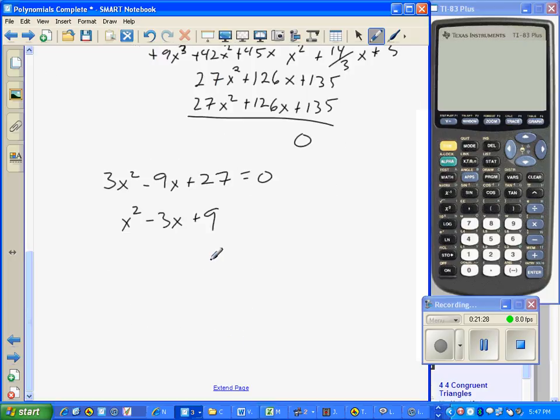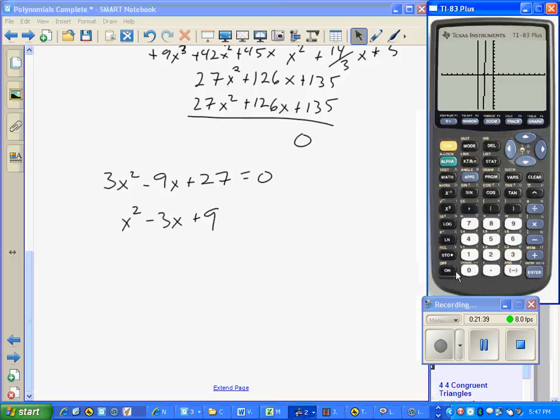But now instead of using a quadratic, I'm going to complete the square, just to give you another way to do it. So to complete the square, I'm going to take negative 1/2 and square it. So 1/2 squared is 2.25, which is 9/4 as a fraction.